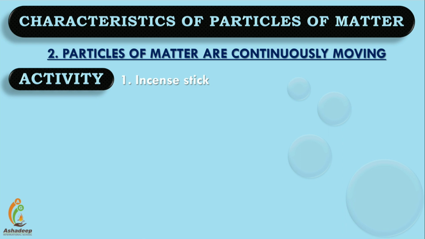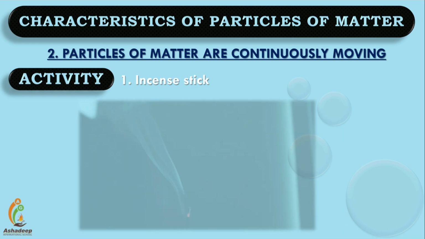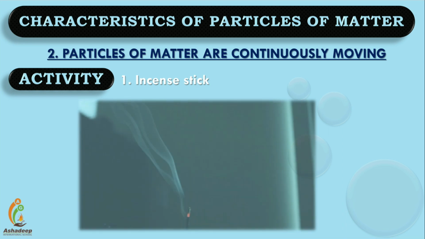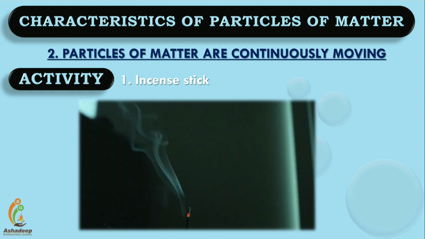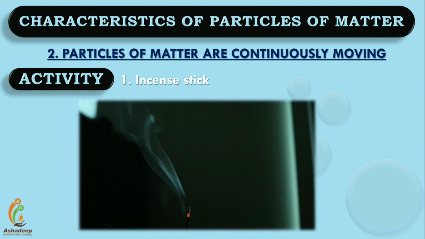The incense stick doesn't produce any smoke when it is not lit, but once you light it, it will produce smoke, and you can see that the smoke is continuously moving. The smoke is nothing but particles of gases. So the first activity shows that particles are continuously moving.